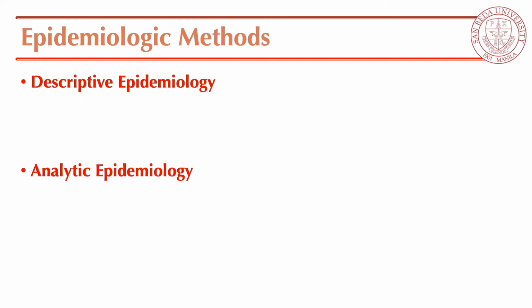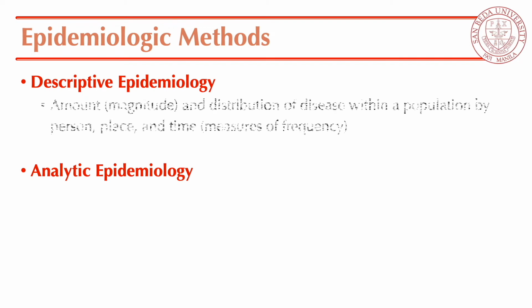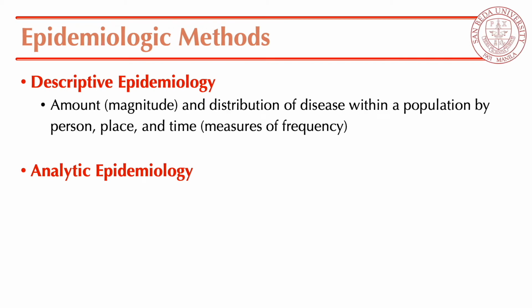So, epidemiologic methods are generally grouped into 2, descriptive methods and analytic methods. With descriptive methods, the epidemiologist would be able to describe the amount or magnitude and distribution of a disease by knowing how frequent the disease occurs in a population.